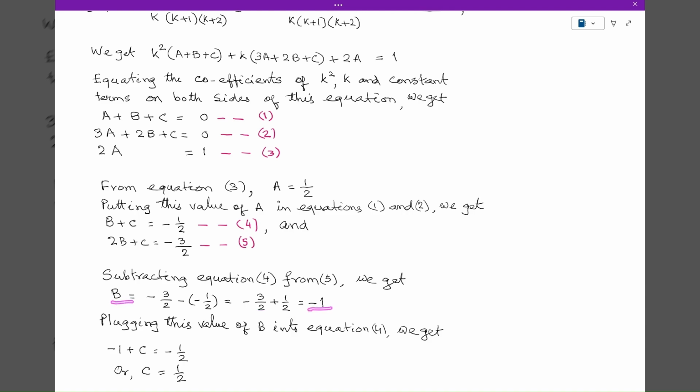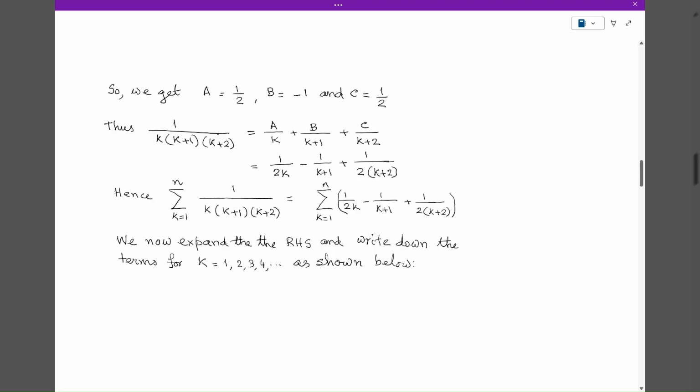So b is equal to minus 1. Plugging this value of b into equation 4, we get minus 1 plus c is equal to minus half. Therefore, c is equal to half. So we get a is equal to half, b is equal to minus 1, and c is equal to half.